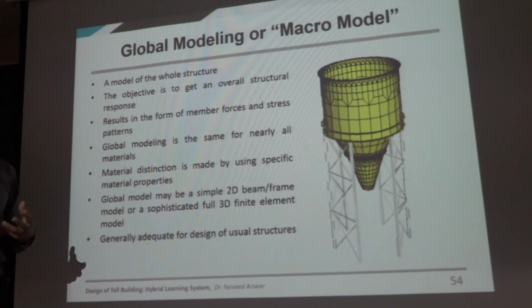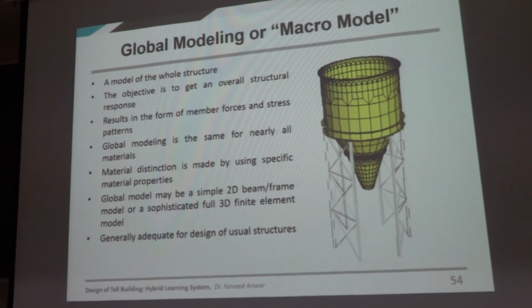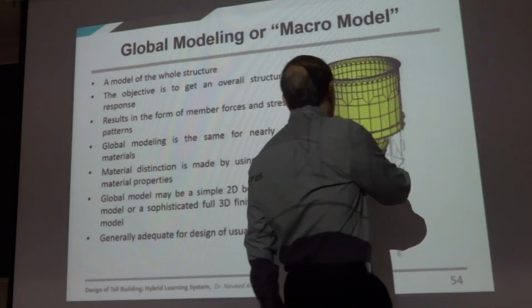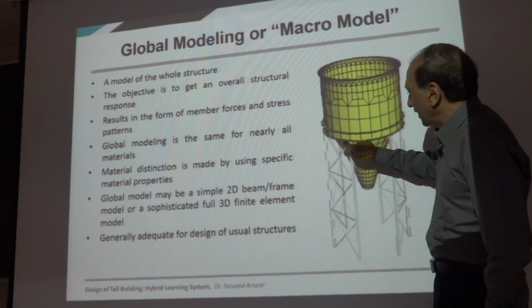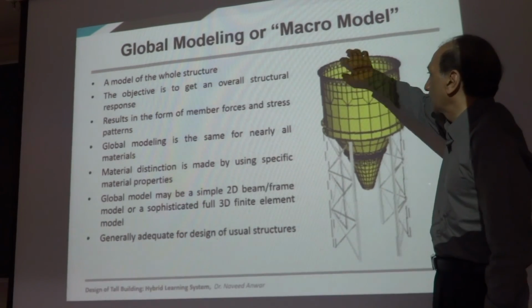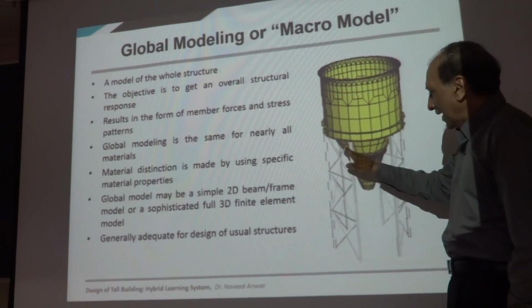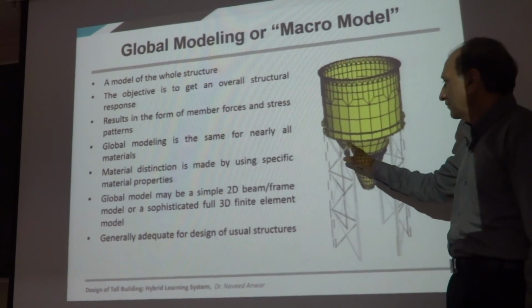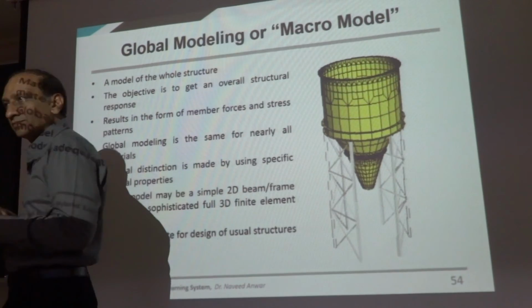We are doing what we call macro modeling most of the time. That means we cannot afford to model everything. For example, we cannot afford to model every bolt and connection and every weld and every small detail in this thing. We will only be able to model the overall shell and the frame by using line elements, and we will put in a connection with some behavior mechanism.